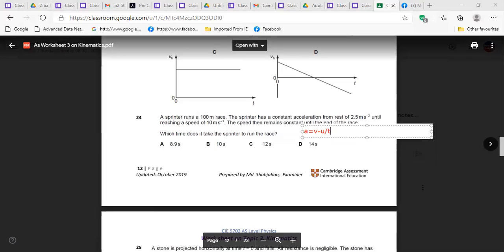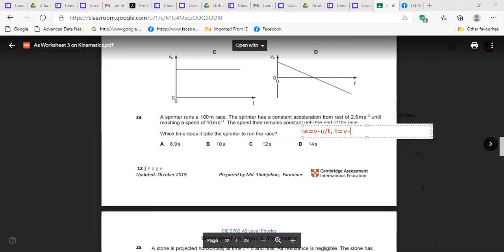So if you want to get time, what do you have to do? Sir, A is 2.5. V minus U by A, right?